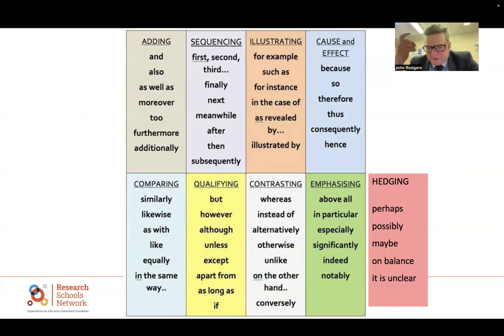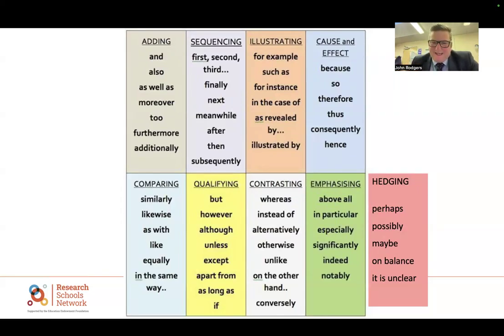It's like the old point we probably made about vocabulary: word walls by themselves are pretty pointless. But if you bring those words in and use them within the context of your learning, they become much more useful. So something like this could be really useful as a scaffold to put on a desk, or on a wall, or a slide on your TV when it's being used, and then gradually withdrawn, and so on and so forth.